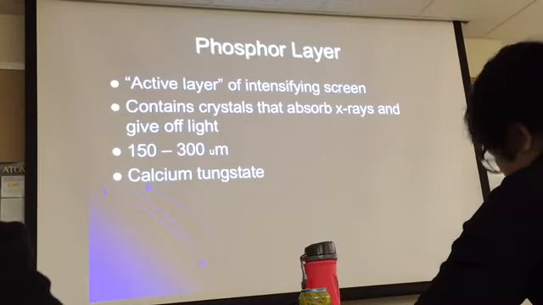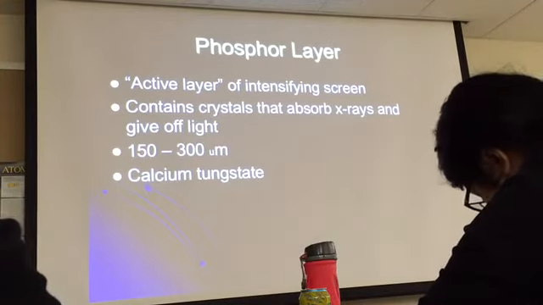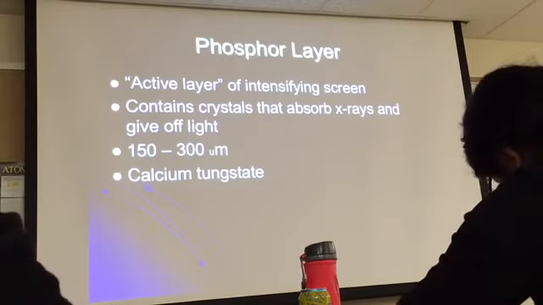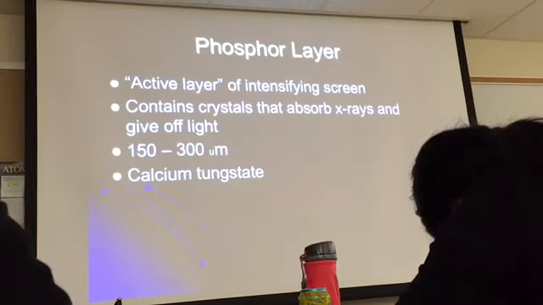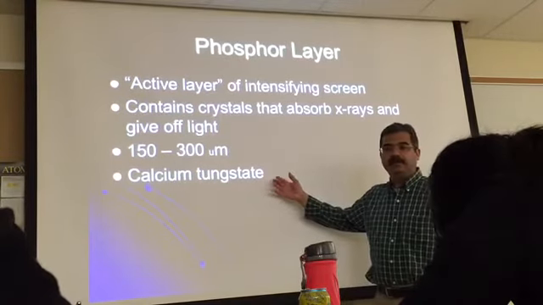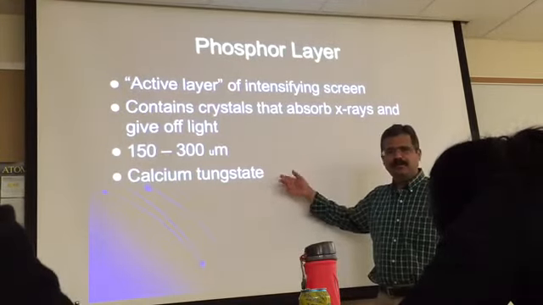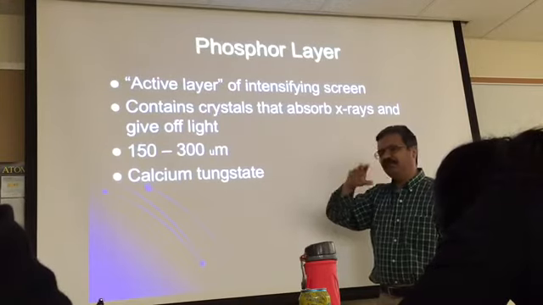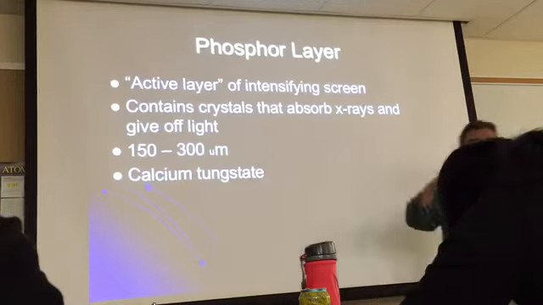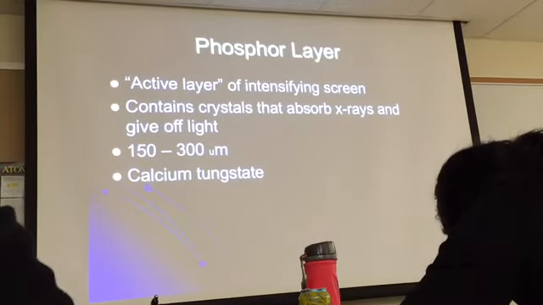The first screens were made out of calcium tungstate. This is the type of screens that Edison used. There was another type, barium, some other type. But calcium tungstate was one of the types they used, back in the 20s, 30s and 40s.